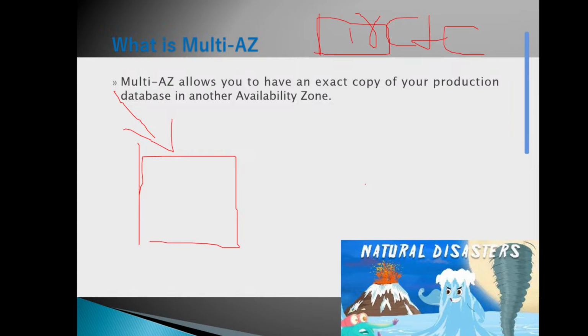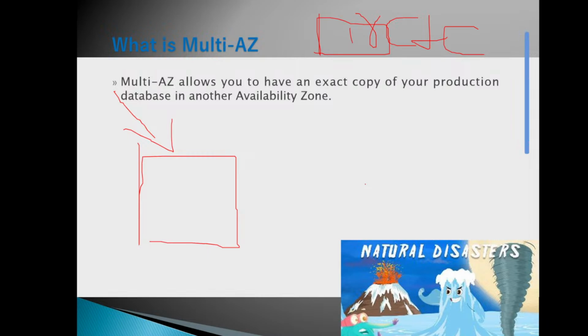Somebody will use the word standby or somebody will use the word secondary. Now a standby or secondary instance means this instance will be active only in the case of disaster, that is, the primary instance going down. If your primary instance is up, the secondary machine will not do any activity.